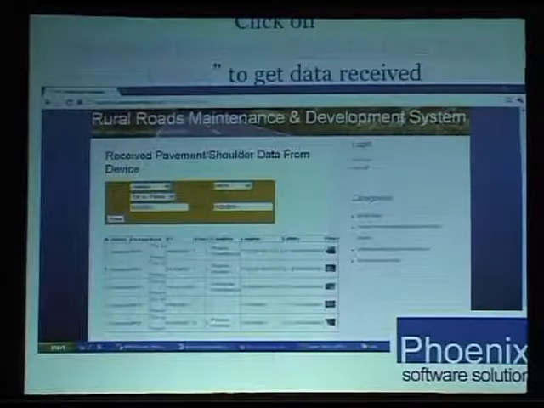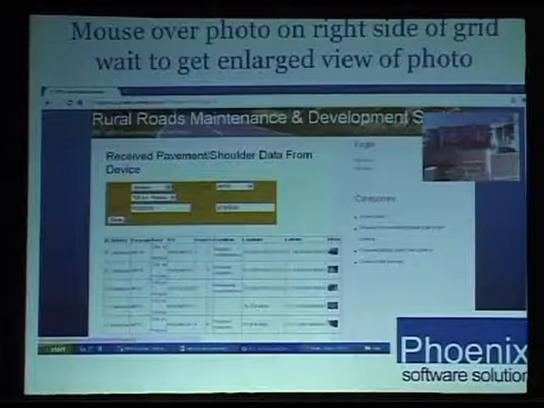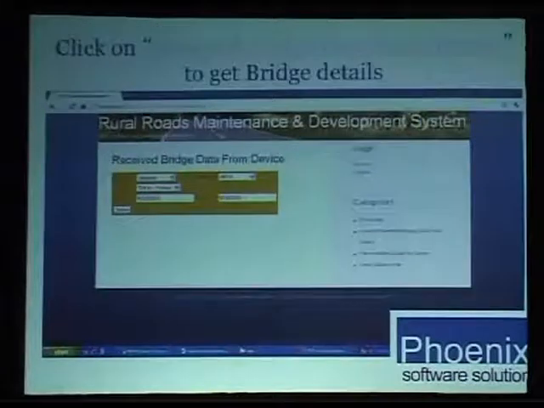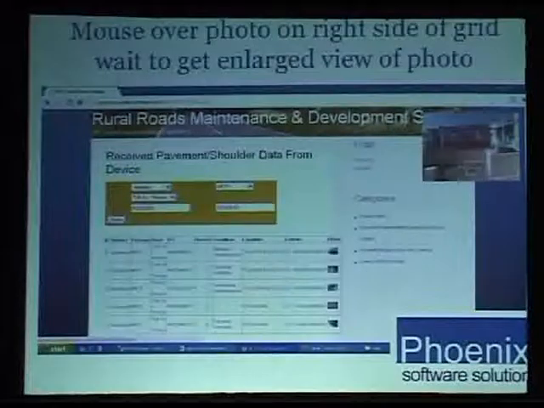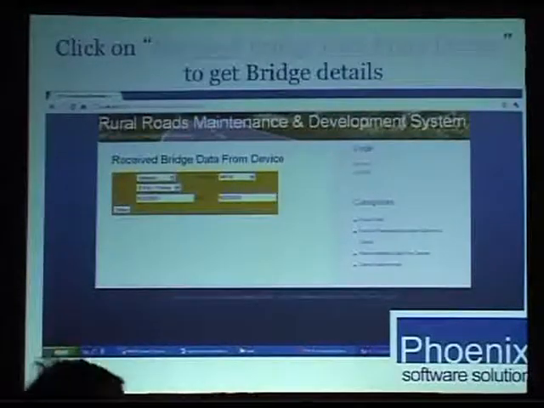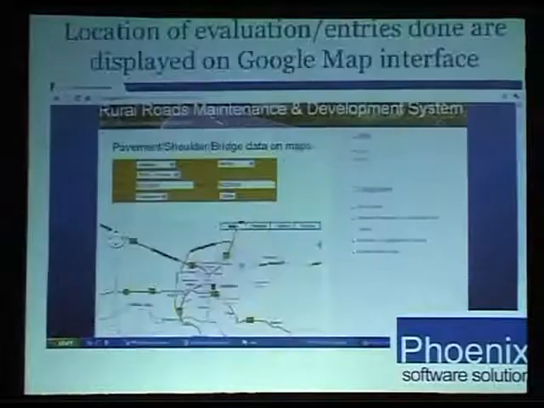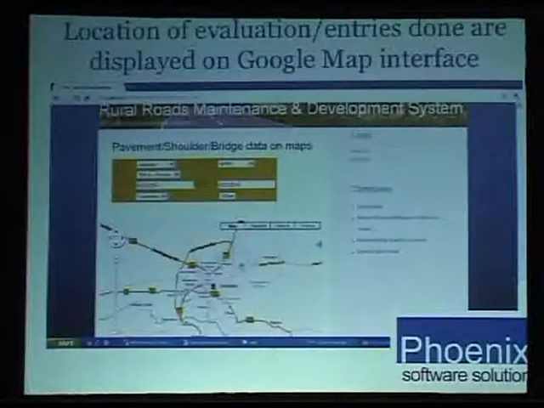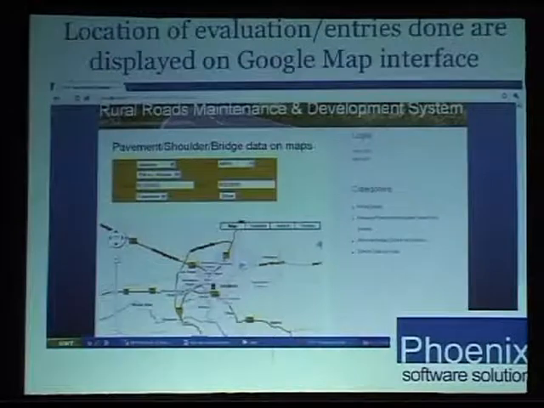If the road requires development, whether the development happens or not gets compared from there. When we click on the photographs, it zooms out and shows the real-time photograph. Again, this is for bridge data, and this information gets shown on Google Maps.